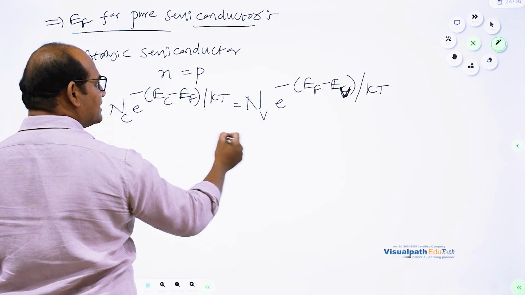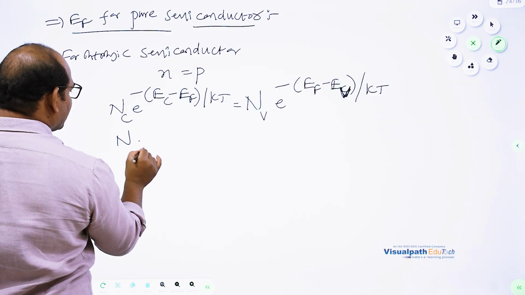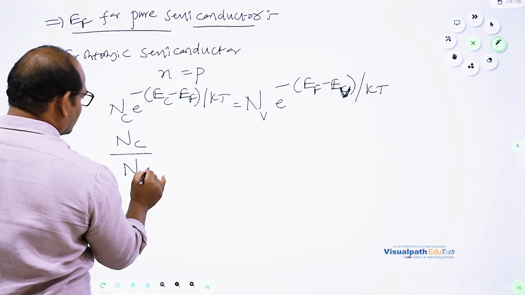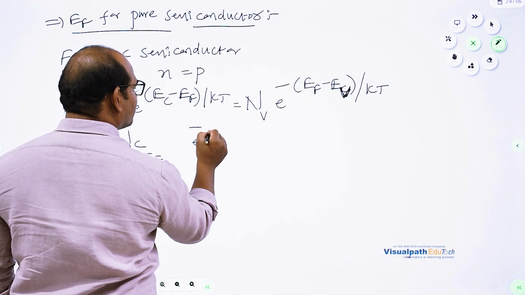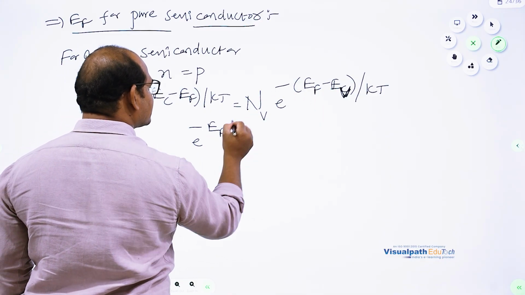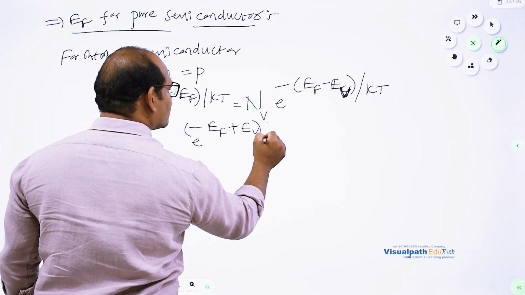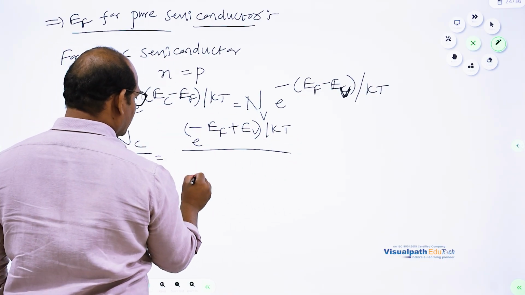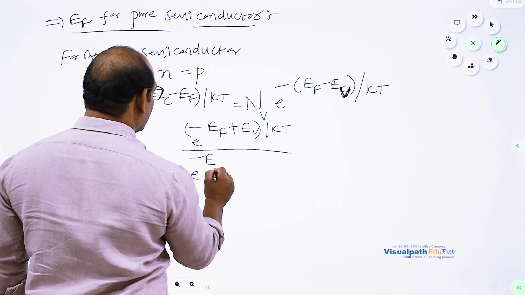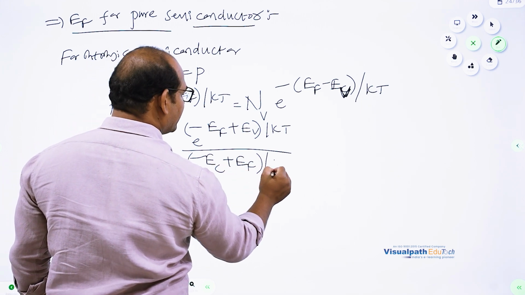Our job is to find EF. EF is available here, EF is also available here. So take the ratio of Nc and Nv, and it is equal to, sending this exponential to the right side, e power minus (EF plus Ev) by KT, divided by e power minus (Ec plus EF) by KT.